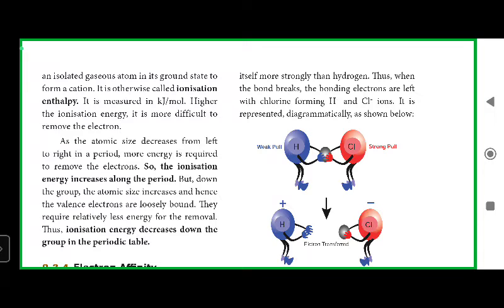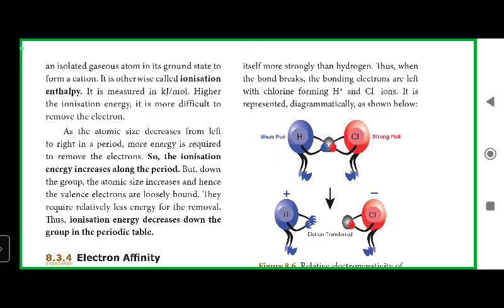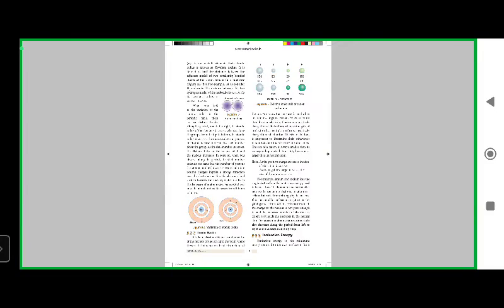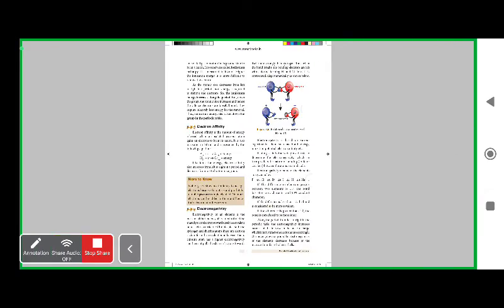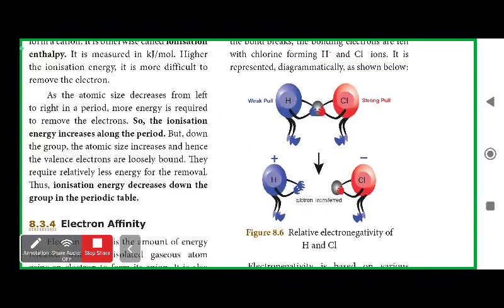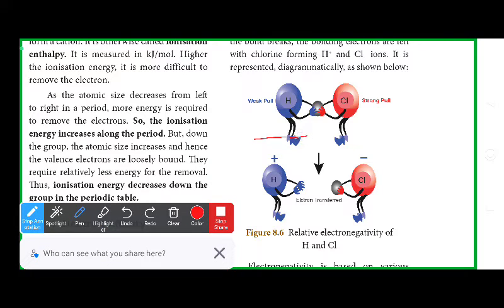So you can see here electronegativity, hydrogen, right, and chlorine. So both of them are sharing and having the electron. Here this has a strong pull, more electronegative, so this has a strong pull.